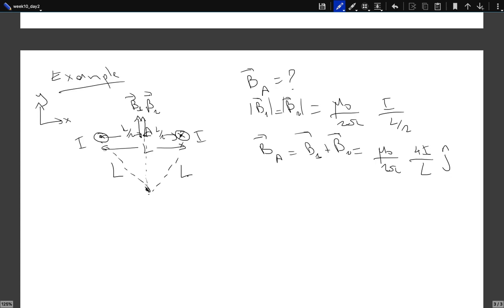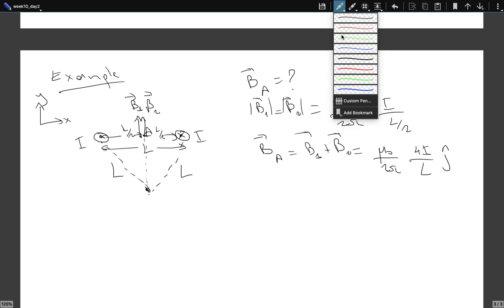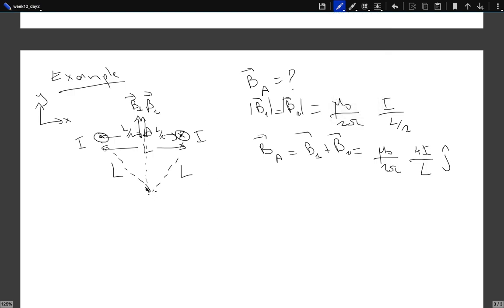From the first current, what will be the direction of the magnetic field? Make your right hand thumb in the direction of the current. That is 90 degrees with respect to this line. That will be the direction of B1. In the case of this current, it will be pointing in this direction, again 90 degrees with this line.